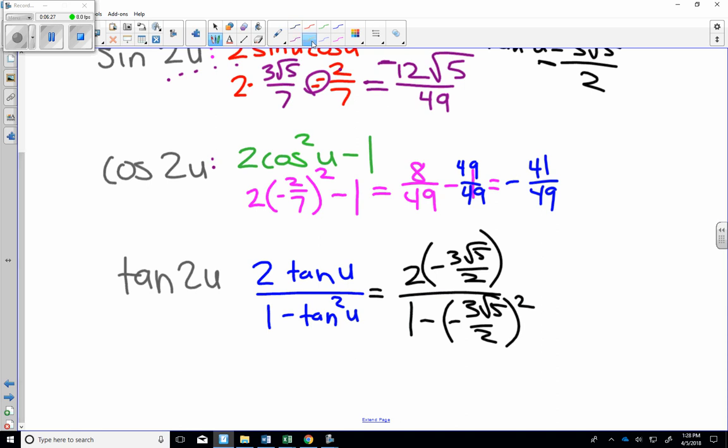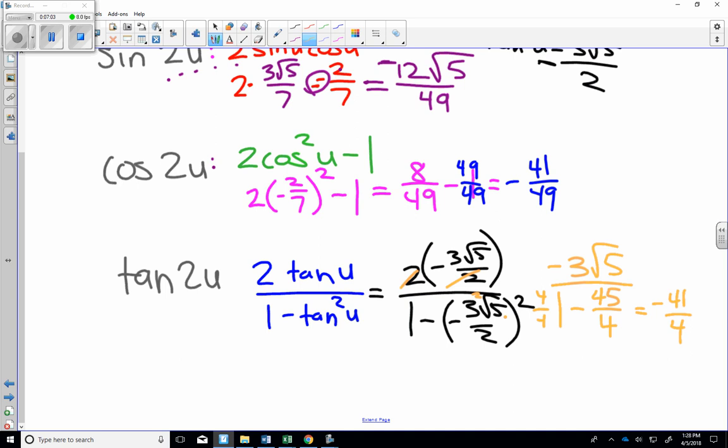So then multiplying this out, the 2's will divide, and that's a negative 3 square root of 5. And here you have 1 minus, and if you square this, you're going to have over 4. And that is 45, because 3 squared is 9, and the square root of 5 squared is 5. And 9 times 5 is 45, so 45 over 4, which then 1 minus 45 over 4 equals a negative 41 over 4.